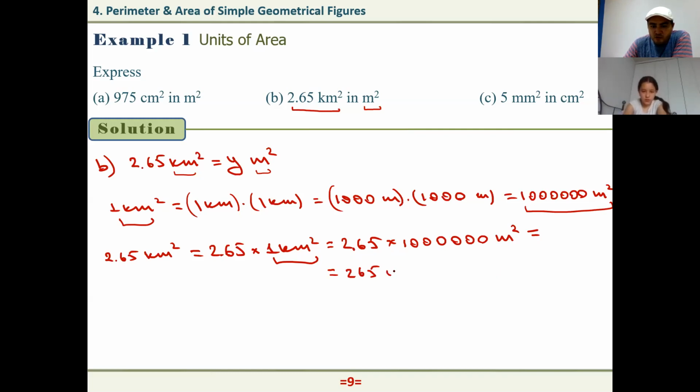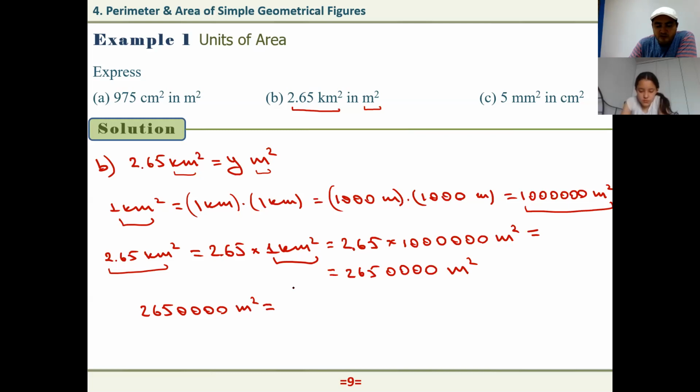So here we have 4 zeros, 1, 2, 3, 4. On the right-hand side, we have m squared. So instead of this 2.65 kilometers squared, I should substitute this thing, right? So now here we have 265 and 4 zeros, and square meters. On the right-hand side, we have y meters squared, right?